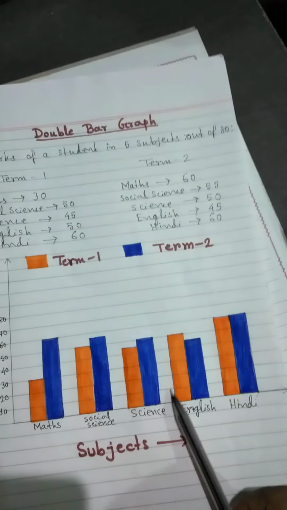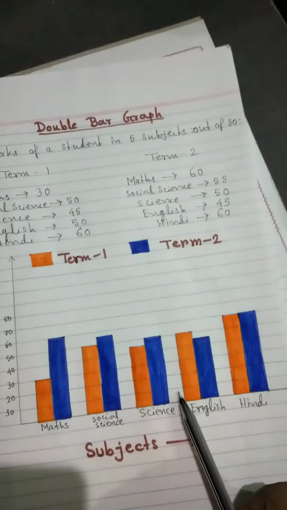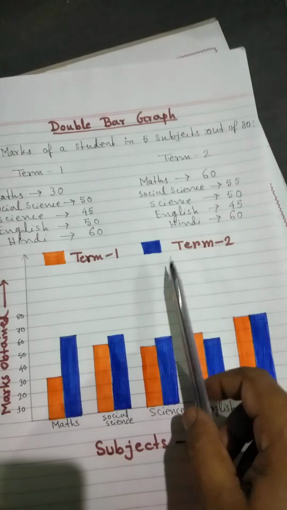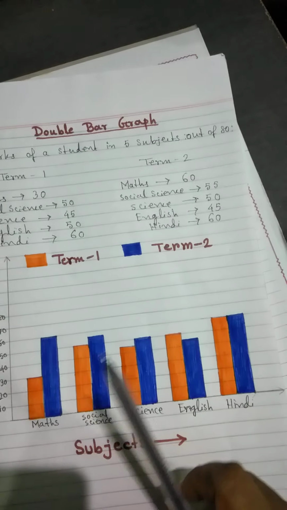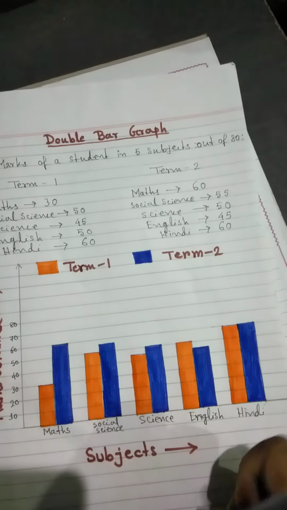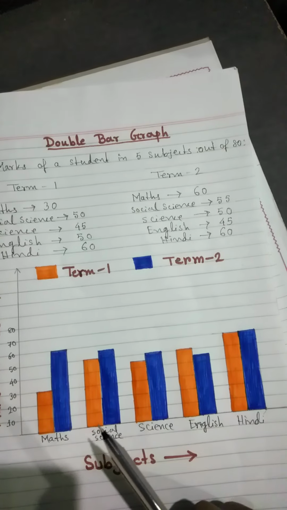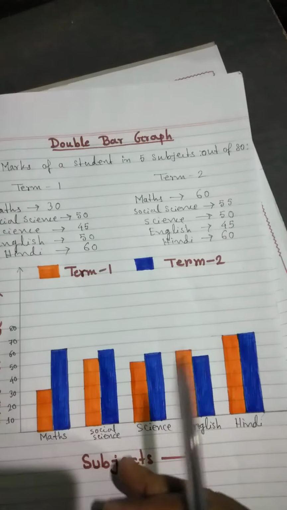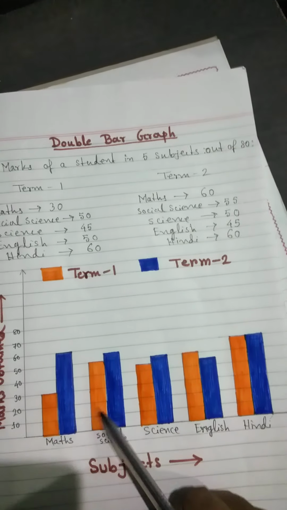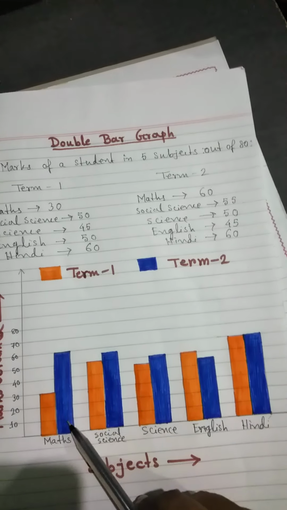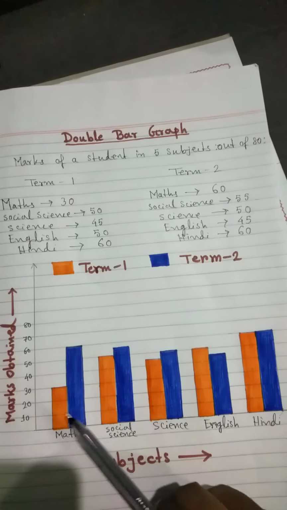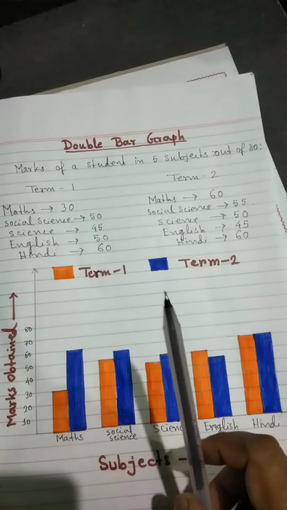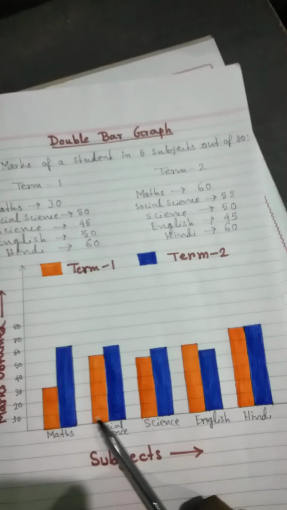This is the form of a double bar graph, because two different terms' marks are given. In the bar graph there were only particular temperatures of a city for 1 week for a particular day, that's why there was a single bar. But here for maths, the student got 2 types of marks in 2 terms, that's why there is a double bar graph.